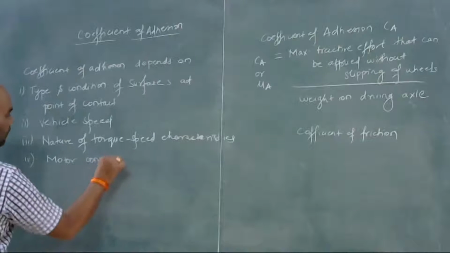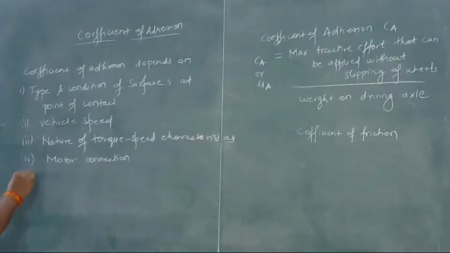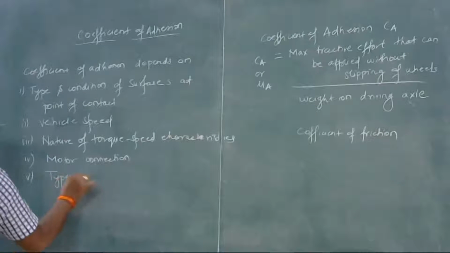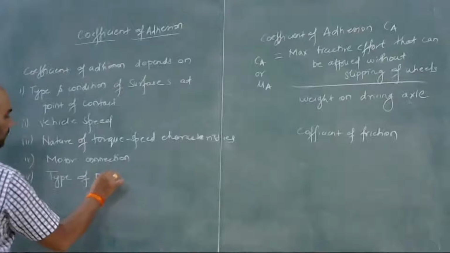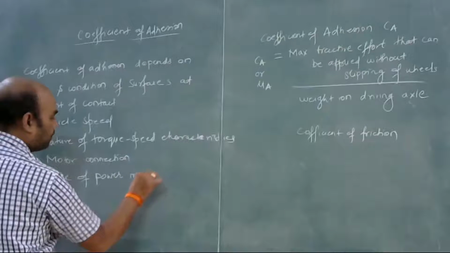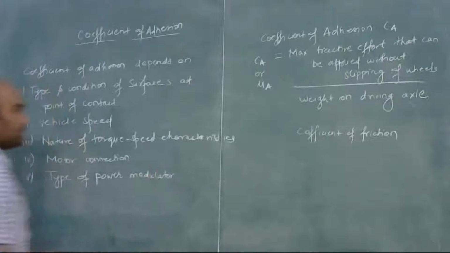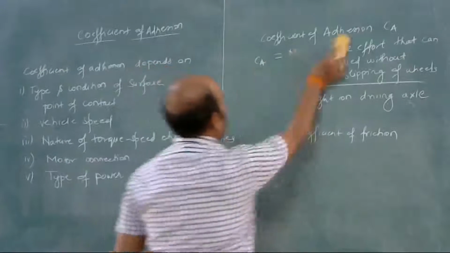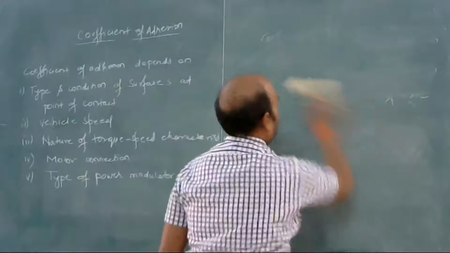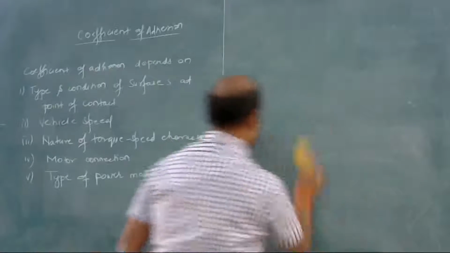In traction, one or more motors are used, and they can be series connected or parallel connected. And last is the type of power modulator. It depends on the response of the power modulator which is used. So these are the factors which affect the coefficient of adhesion. We will see each factor one by one and discuss it in detail.